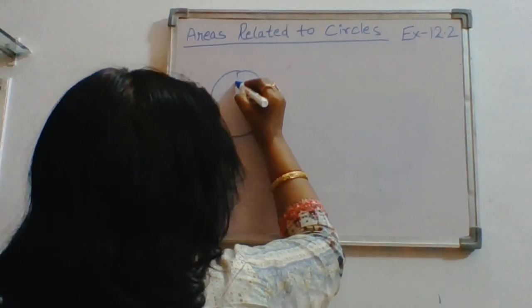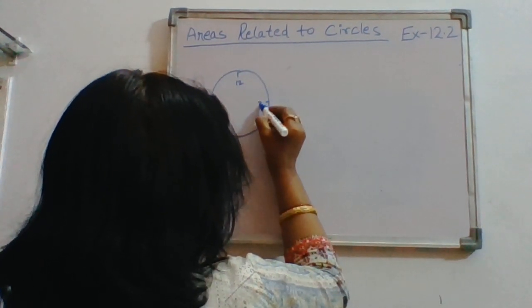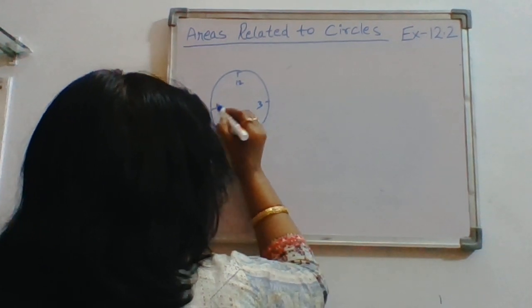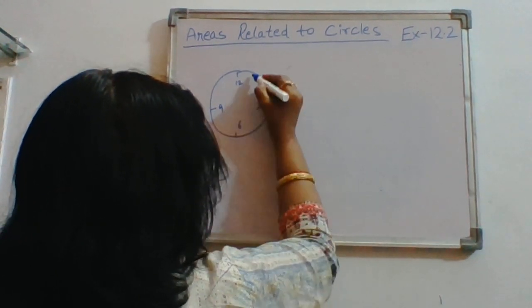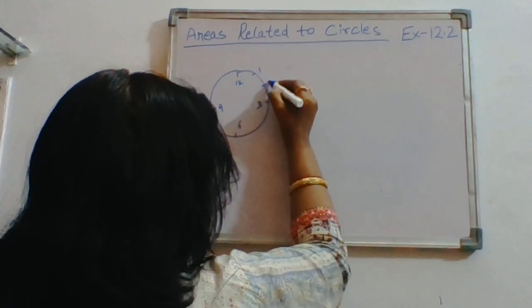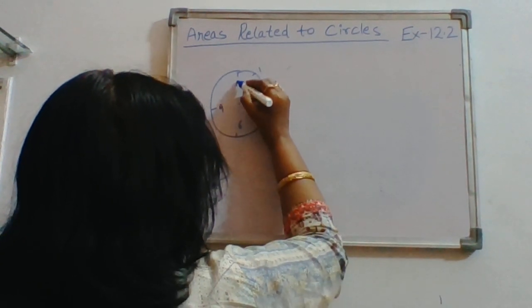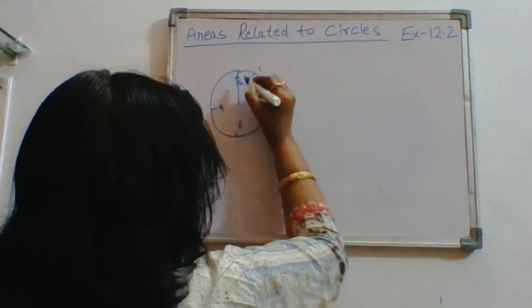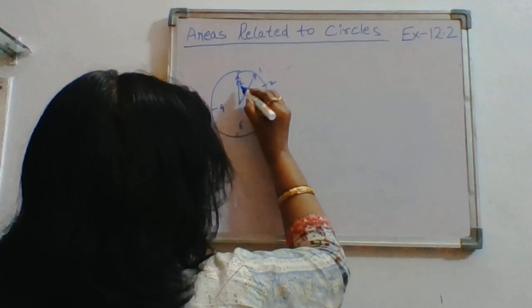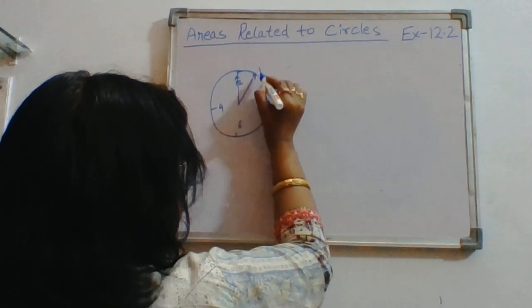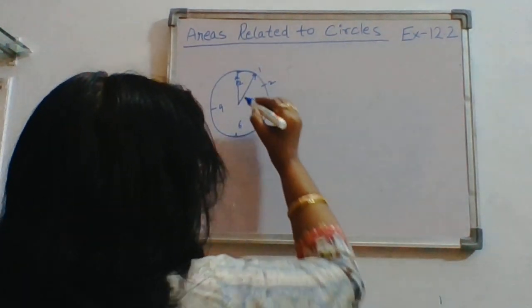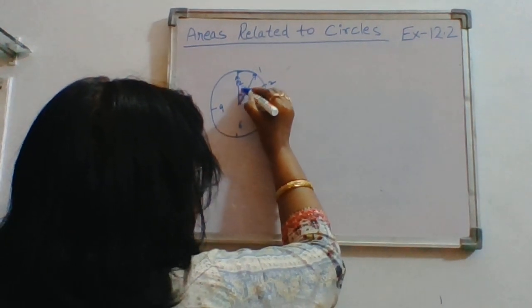This is our clock. If the minute hand is here somewhere, in 5 minutes the movement will be from here to 1. So we have to calculate this central angle.